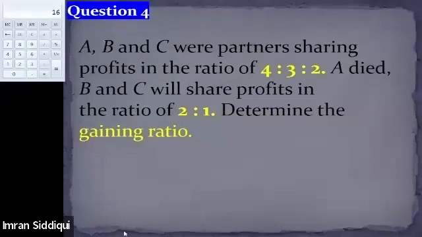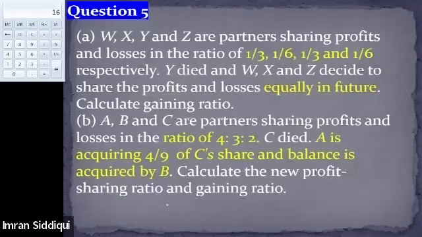Moving on to the next question. We'll do this one last question today. Question number 5. This question also has two cases, case 1 and case 2. Case A is completely different from case B. Both are independent cases.